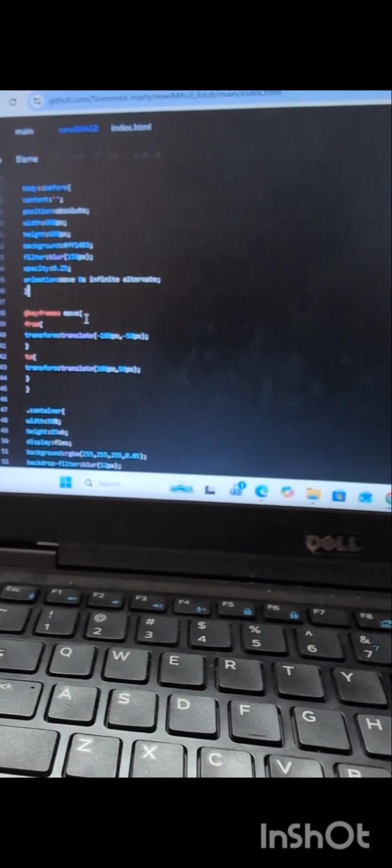This is the topic: keyframe move from transform translate negative 500px. See, the image was very small. It kind of expands the hemispheres, you get it? And then it's 100px 50px, okay? All of it is inside the keyframes move, okay?